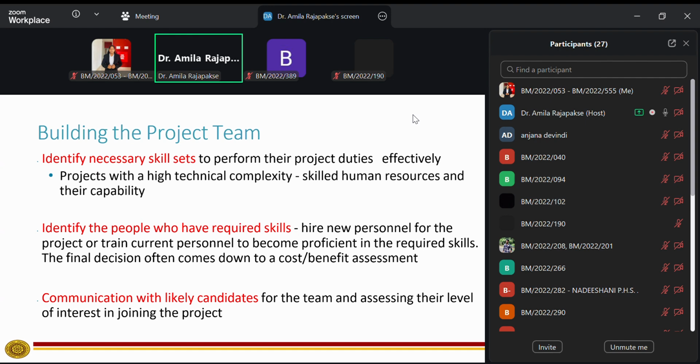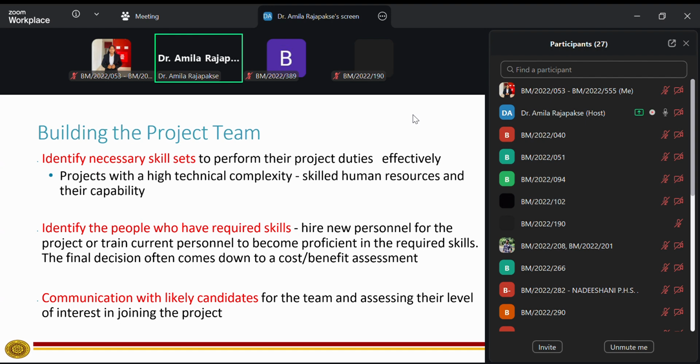If not, we need to give some kind of training to the existing people, and then we can uplift their skill levels to match this project requirement.